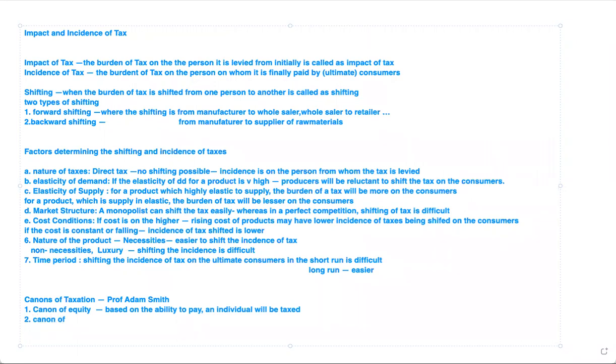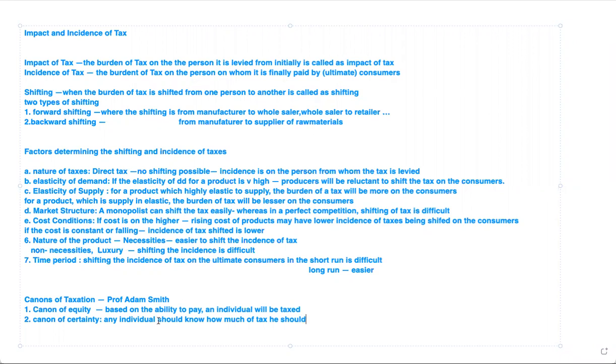Canon of certainty. Class, any doubts here? Yes, ma'am. Any individual should know how much of tax he should be paying, right?